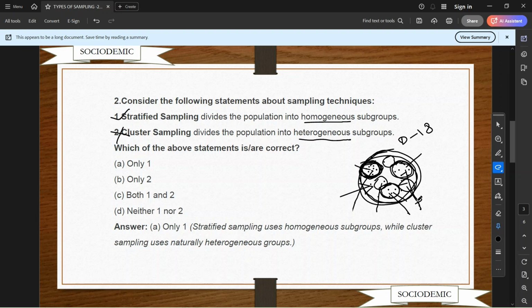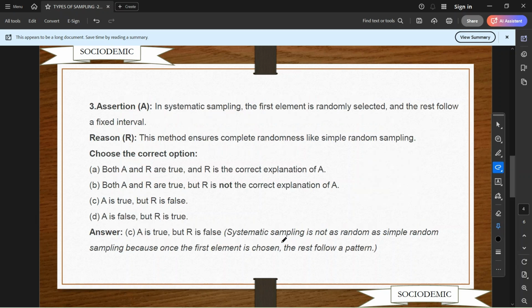That is called cluster sampling. It itself can't divide into heterogeneous subgroups, so that is the wrong option. So the answer is only one: stratified sampling uses homogeneous subgroups, while cluster sampling uses naturally heterogeneous groups. It can't divide; by default, it is naturally heterogeneous.